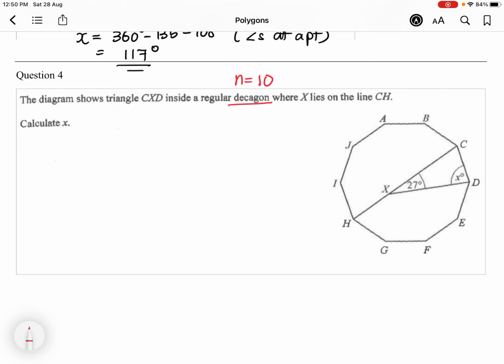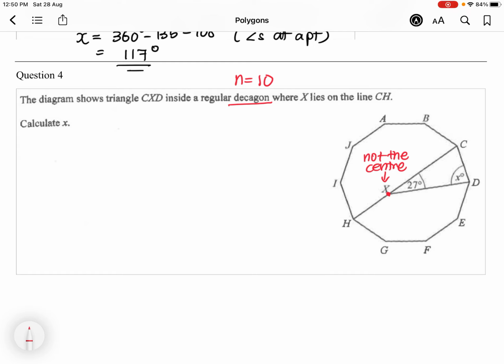Okay, but something to take note, x lies on the line CH, but did they tell you where is the center of this polygon? Is x the center of the polygon? Well, first thing to take note, this x is not the center. So please do not assume XC and XZ are isosceles triangles, because it's not the center, it's not the radius, so it's not an isosceles triangle.